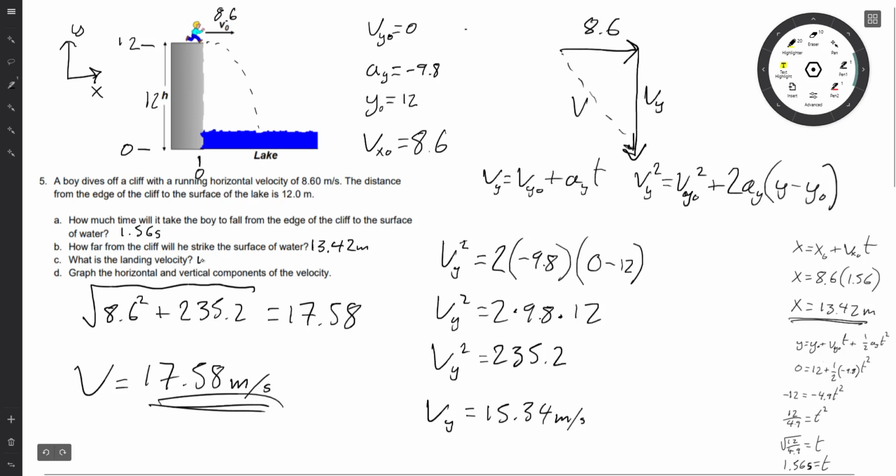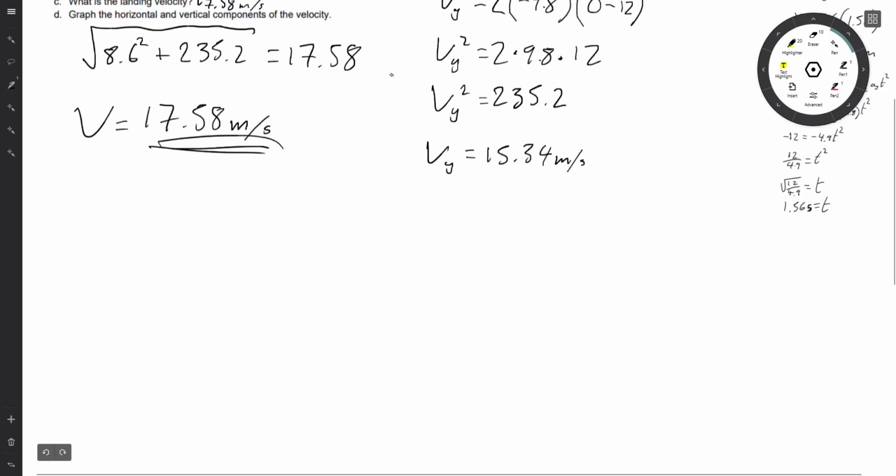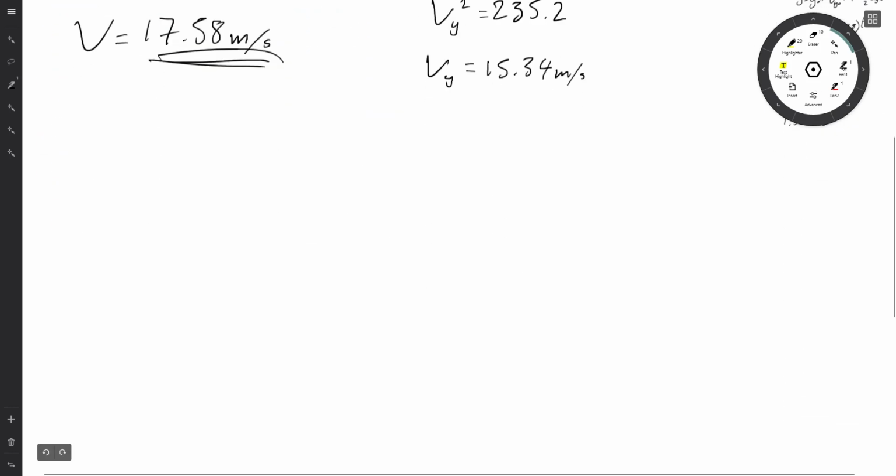That's it for that. So here, what's the actual velocity? 17.58 meters per second. And now, graph the horizontal and vertical components of the velocity. I'm actually just going to scroll down for this one. So graphing the horizontal and vertical components is relatively straightforward. If this is Vy, actually I should give it a negative as well. And this is time.